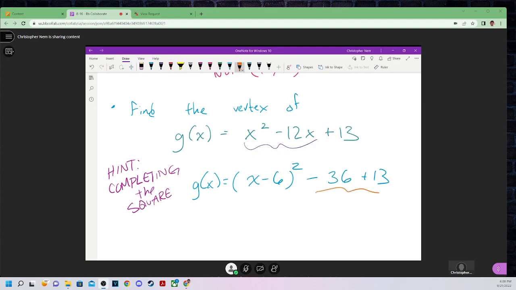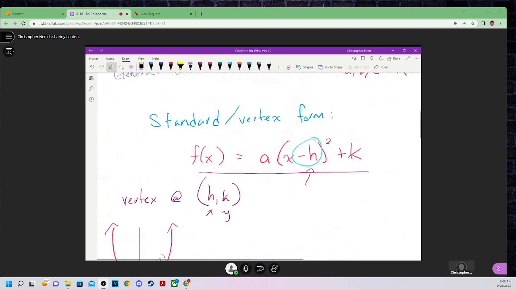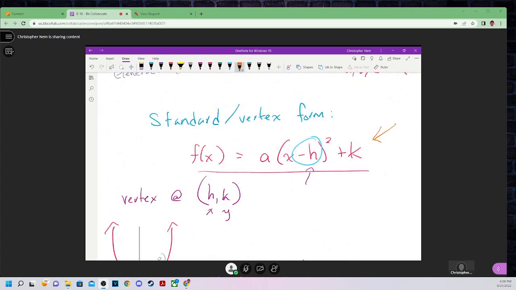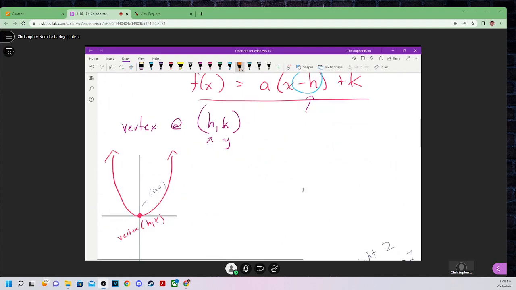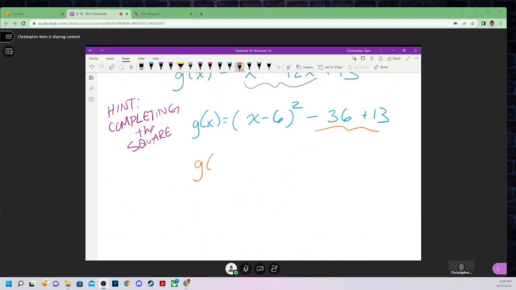However, I have two constants. In vertex form, there's only a single k. I don't have k1 plus k2. I only have a single k, so I have to combine like terms. So if I combine like terms, x minus 6 squared, what is that, minus 23? Now I'm in vertex form.